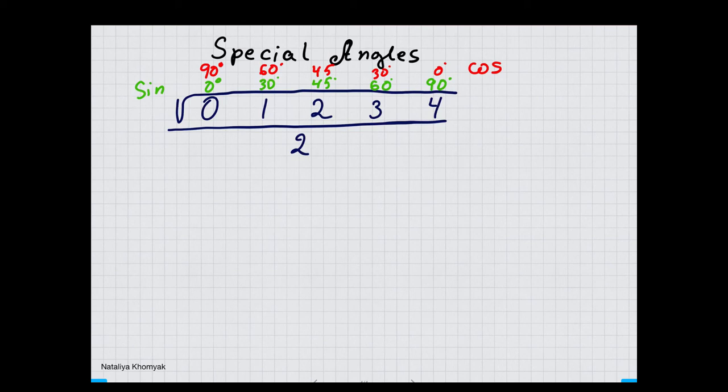Notice that the values are complementary, meaning they add up to 90 degrees, because in a right triangle, this is 90 degrees. And the sum of all three angles is 180 degrees.